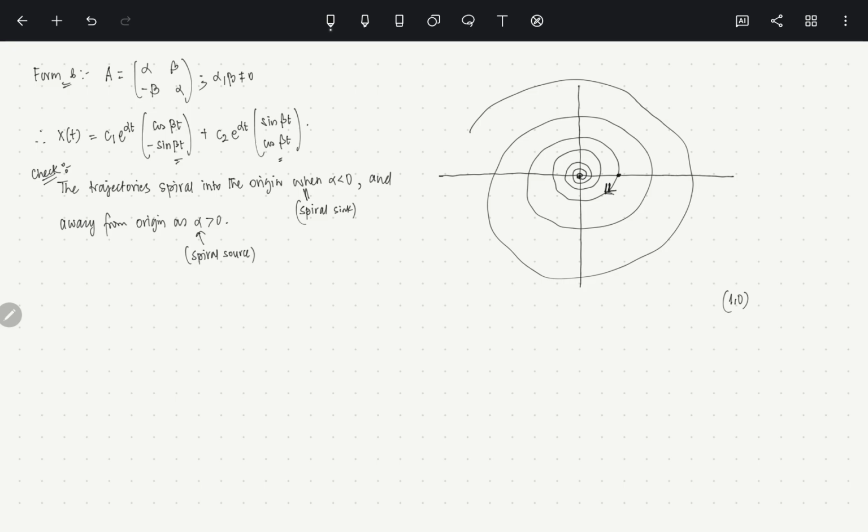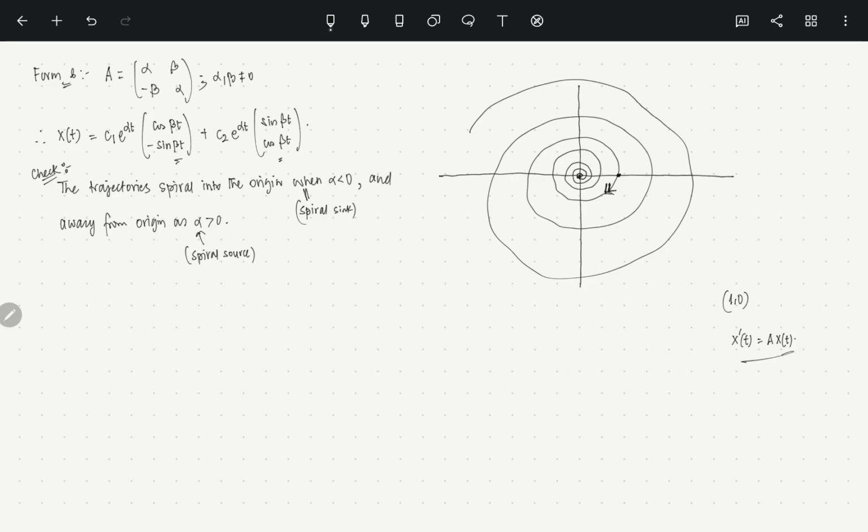If you have a point here, the point will move in the tangential direction, and that is given by the equation x prime equals Ax, so x prime of t equals A times x of t. Let's say t equals 0. At t equals 0, e to the power alpha t is 1, and you can just write down what that point is.